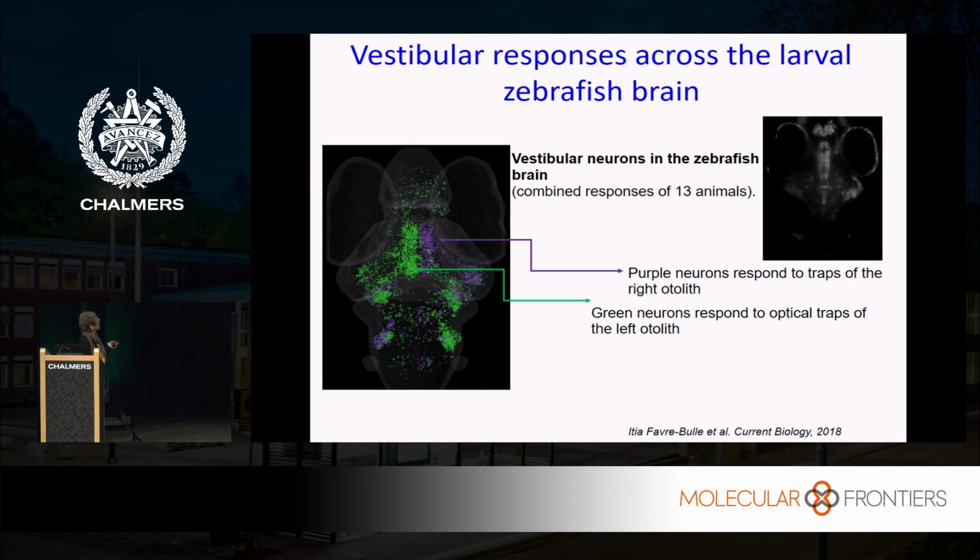If we analyze those signals, I can look at the vestibular neurons in zebrafish, and the purple ones are when I am using only one trap for a right stone in the ear of the fish, and the green ones are if it's the left stone which is being moved. You can see that there is a huge difference in which signaling is taking place depending on which stone is being interrogated.